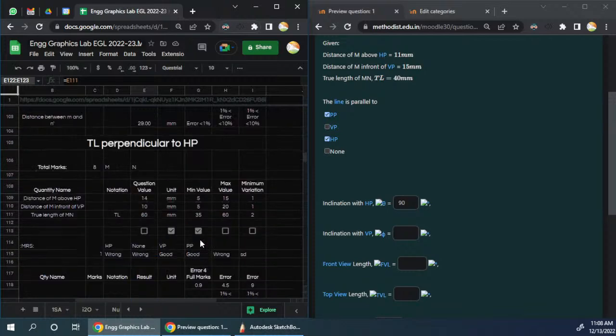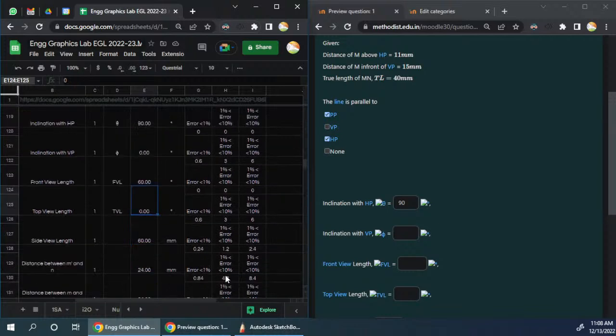Okay, so this is the true length. Top view length is going to be 0. Side view length is going to be 60. Distance between dash and yen.